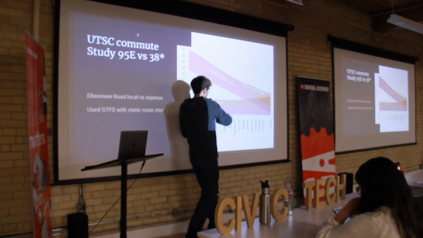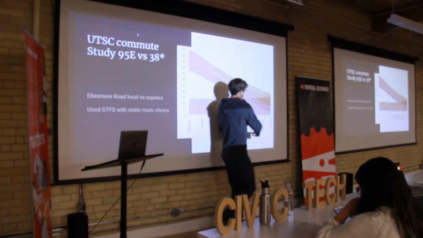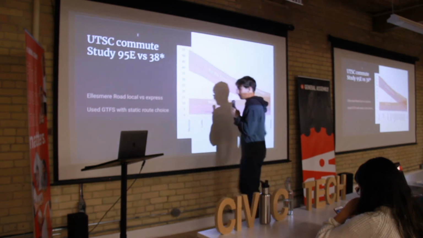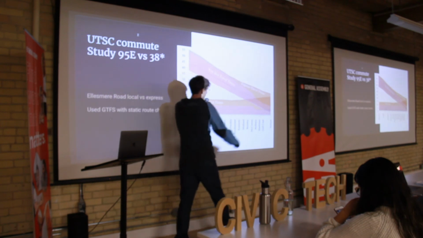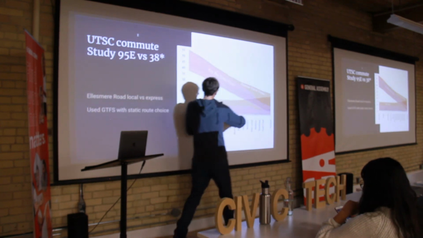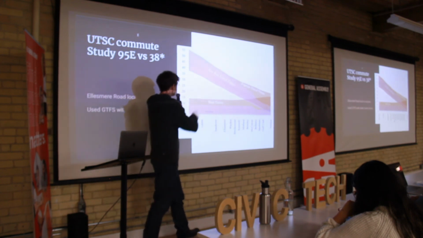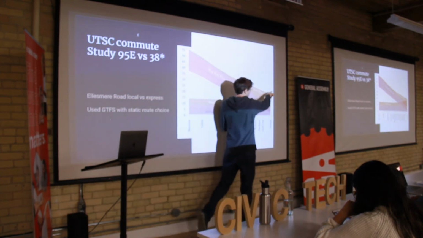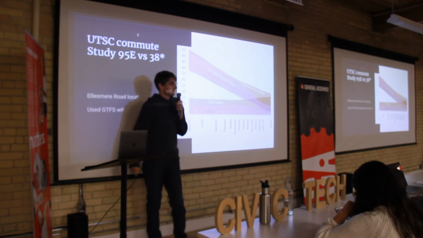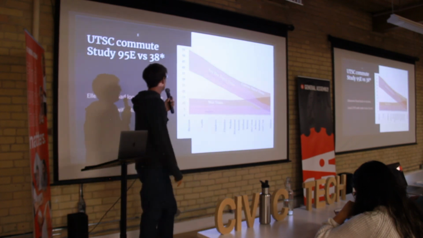So this is essentially the route, stop by stop. UTSC is over here. If you're very close, most of your time is spent waiting. If you're very far away, most of your time is spent traveling and so on. But the really interesting thing is that you can see wait times increasing as vehicles go down the route, getting less reliable, probably bunching up.